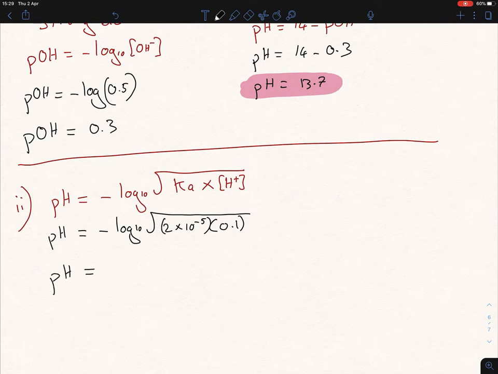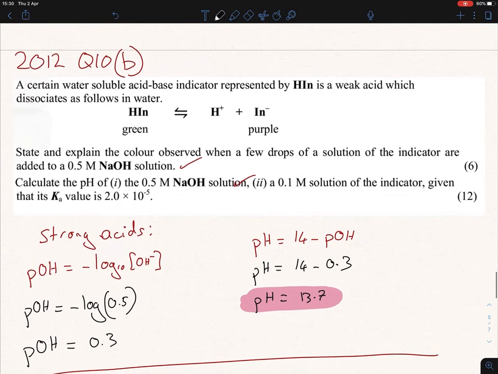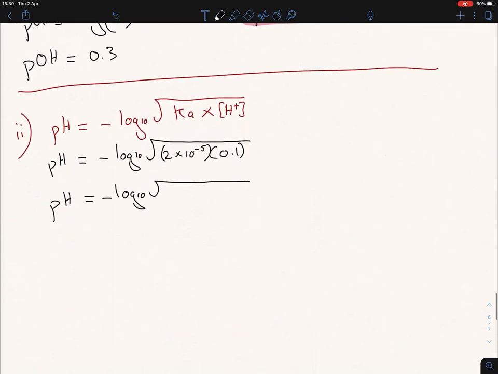Do it out separately because you're less likely to make a mistake. So if we bracket 2 times 10 to the power of minus 5, close the brackets, and multiply that by 0.1, we're going to get 2 times 10 to the power of minus 6.